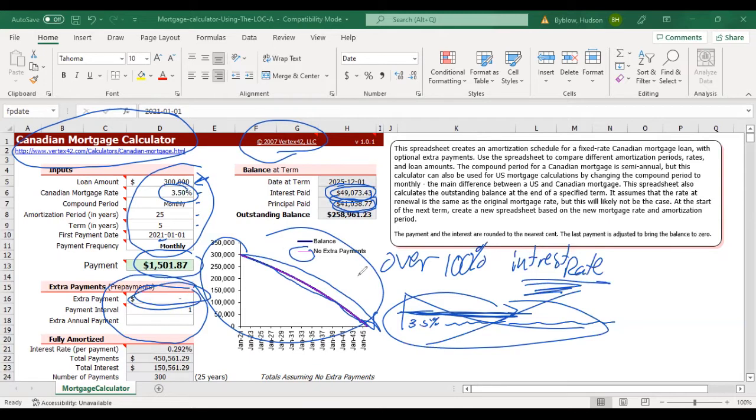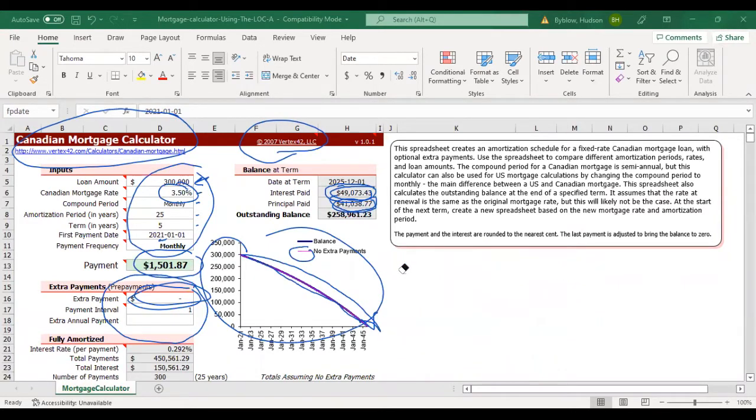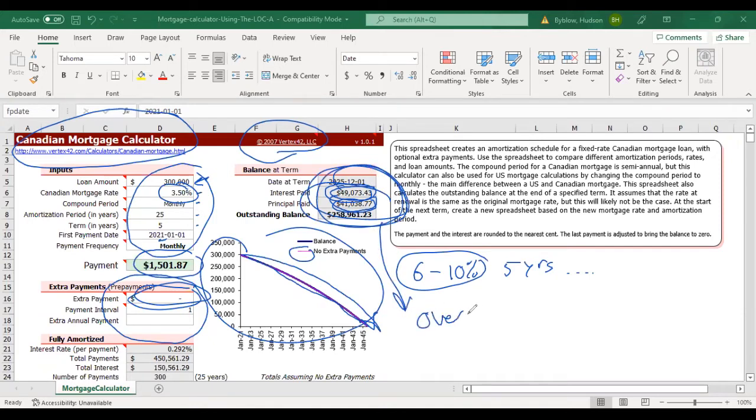This all has to do with extra payments. The reason this matters is that a lot of people fight to have investments tucked away in their savings accounts. And sure, maybe you're making 6, maybe even 10% on your investments, consistently over 5 years. But as we can see, over the first 5 years we have an average of over 100% interest rate.